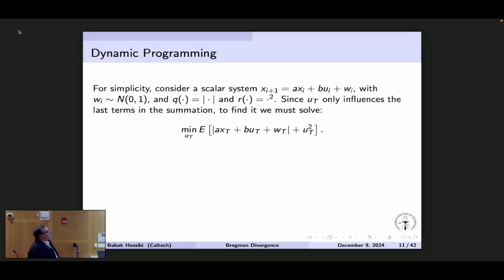I need to take the expectation. That's the absolute value term, and this is the quadratic on the control. In this expectation, because I'm sitting at time T, the controller knows x. It's going to decide what u is. So the only randomness here is the noise that hits you right now. This expectation is over this w, which is a standard normal.